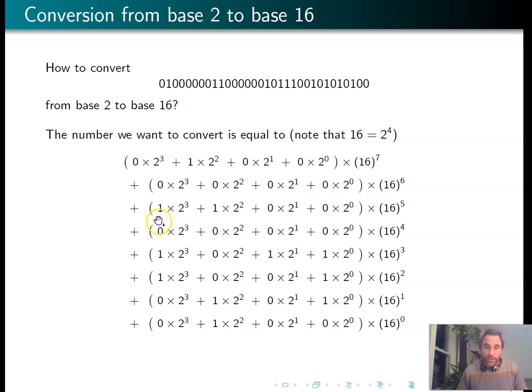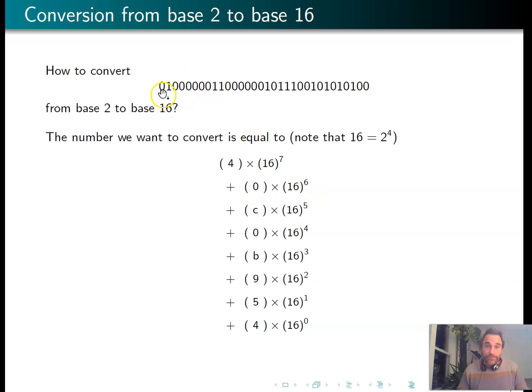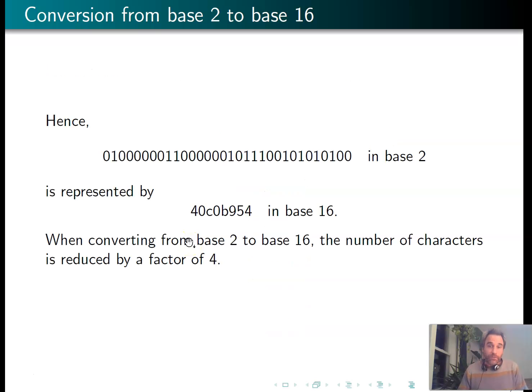How do I obtain 12? 2 to the power 3 is 8, plus 1 times 2 to the power 2, which is 4. 8 plus 4 is equal to 12. So 12 times 16 to the power 5. So the hexadecimal representation of the binary number written here is 40C0B954.